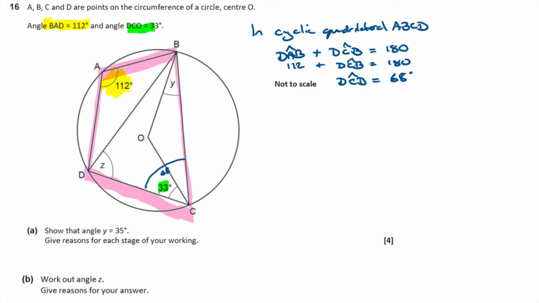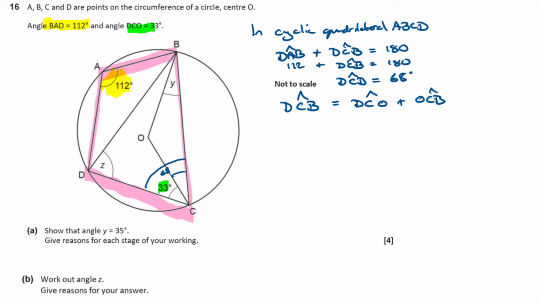Okay, but I already know DCO, which is part of that angle, so I can then use it to find the other part of the angle, this angle here, OCB, can't I? Okay, so I can say that DCB is equal to DCO plus OCB.